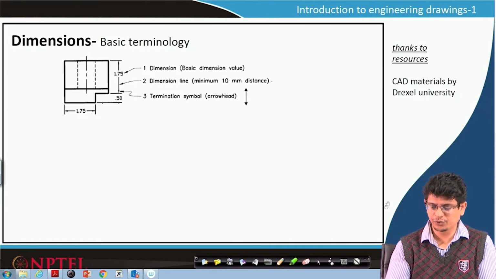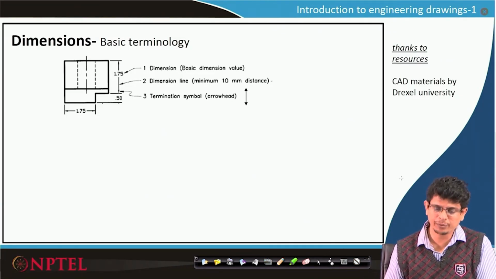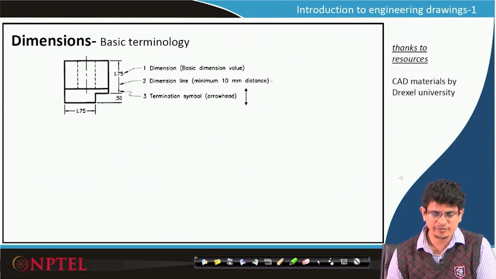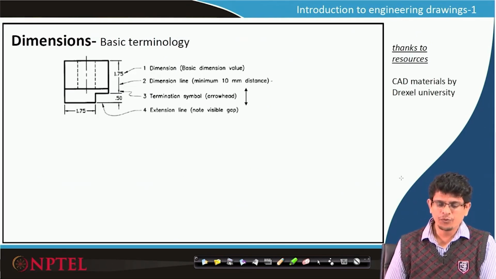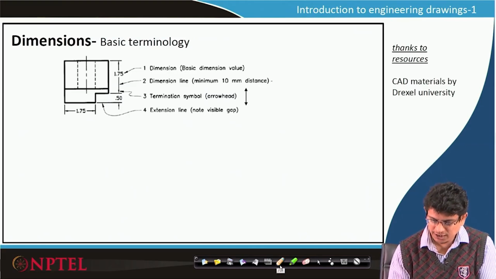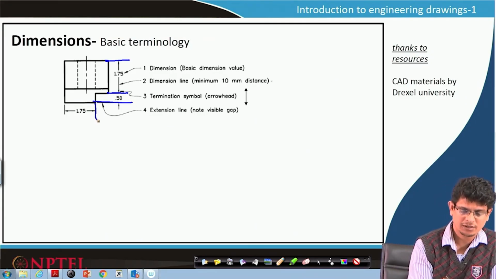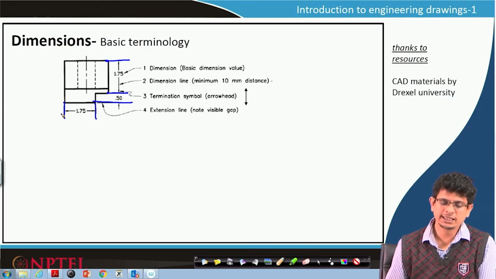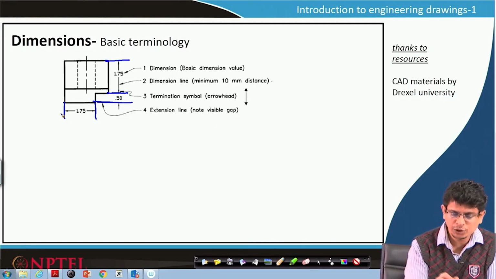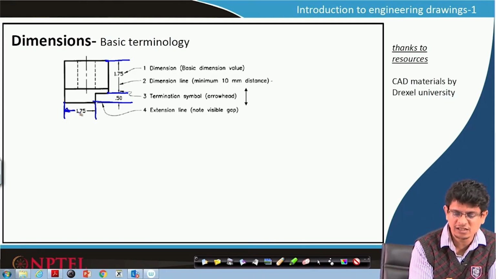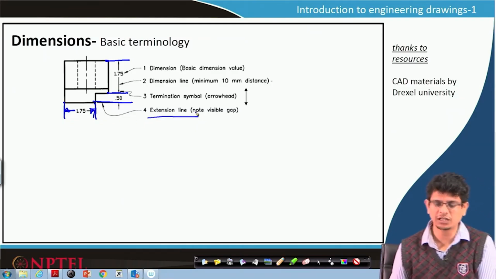Any length scale which we would like to use, we have to show it by line with arrows terminating heads. When we are showing dimensions, occasionally we draw lines. For example, here this one and this one. These are not part of the drawing, but to represent this dimension line, we usually draw what is called extension line.